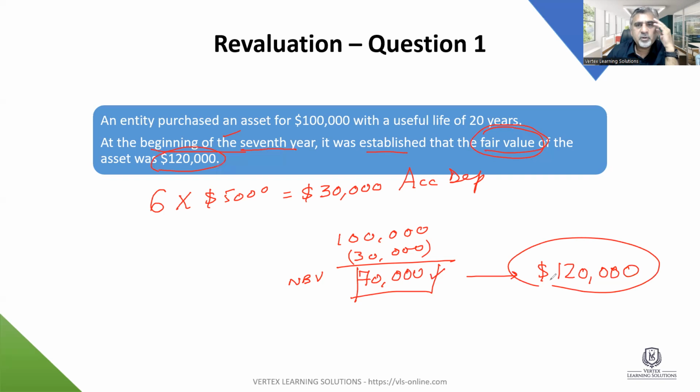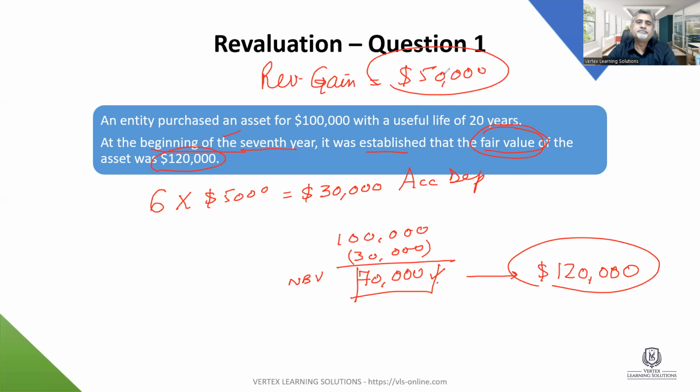And you say, oh, that's good news. We made a revaluation gain of 120 minus 70, the difference of these two, 50,000. Let's celebrate it. We are very happy because we thought that our asset in the balance sheet is 70, and the market is 120. The first thing is called revaluation gain.